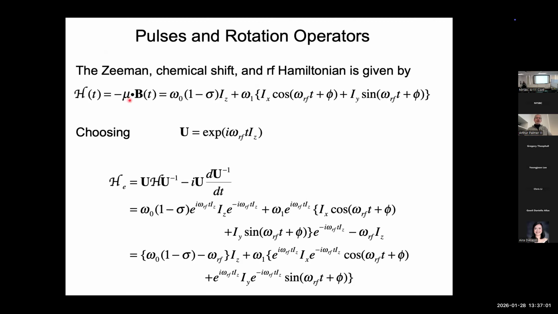Now, mu, remember, was the angular momentum operators times gamma h bar.